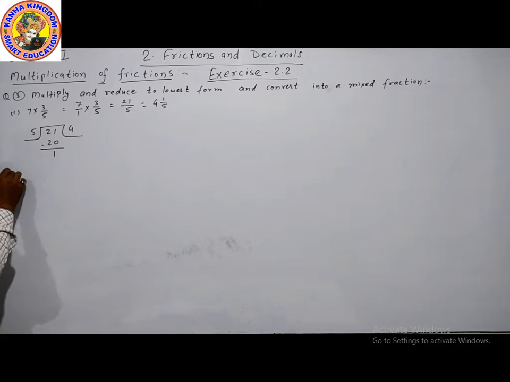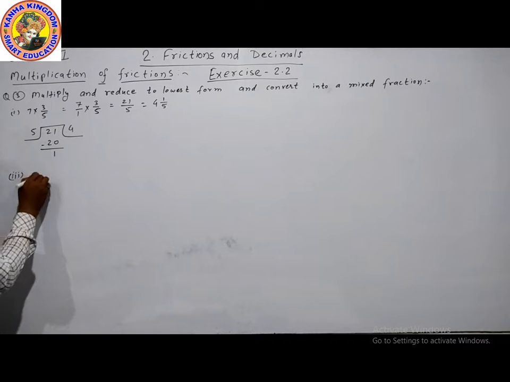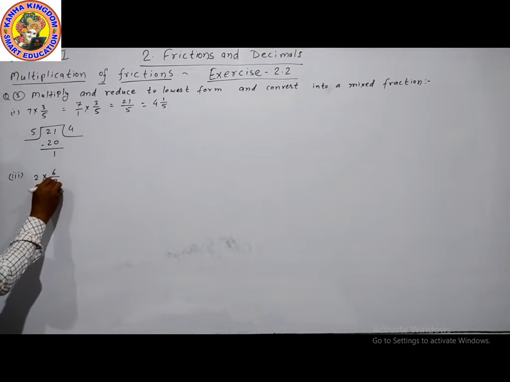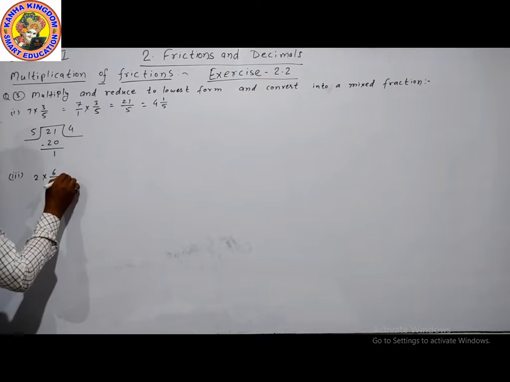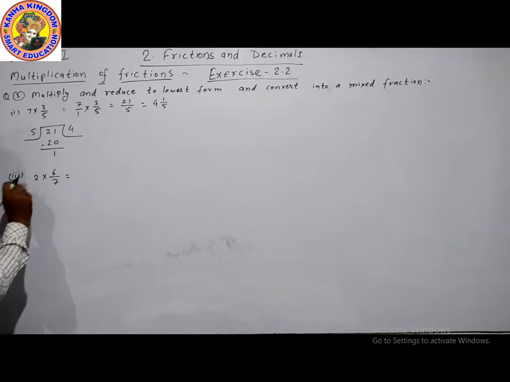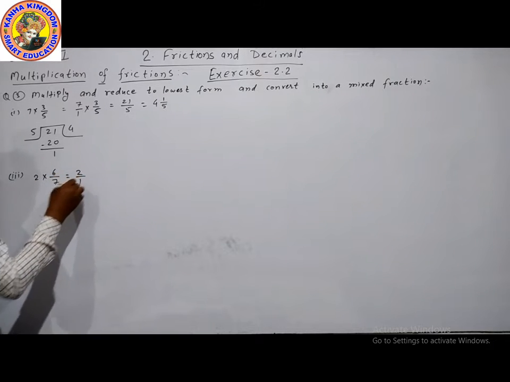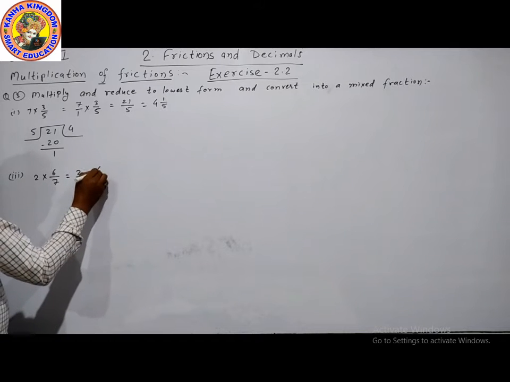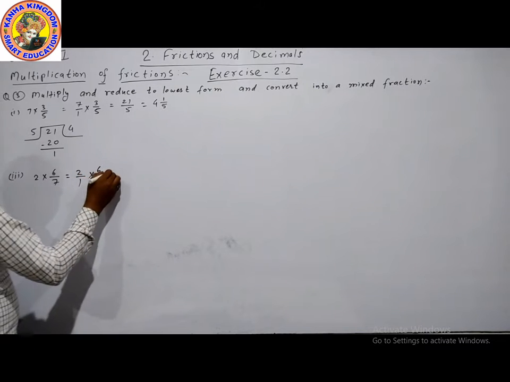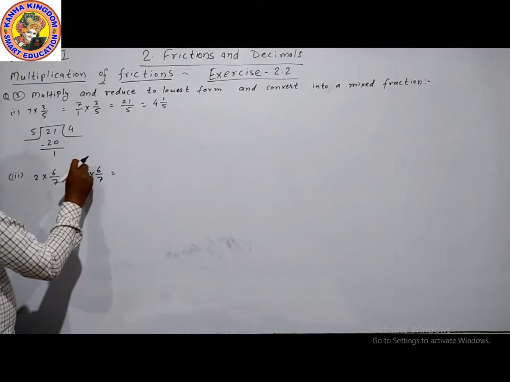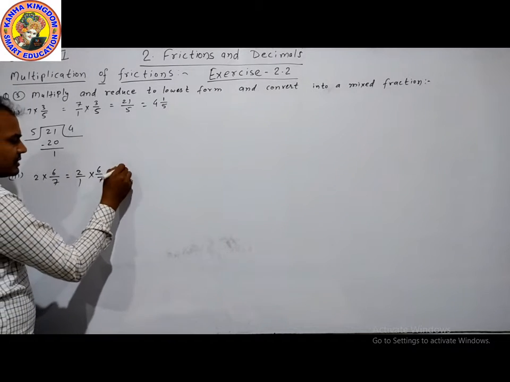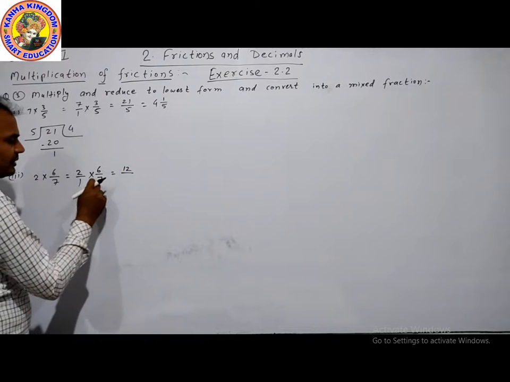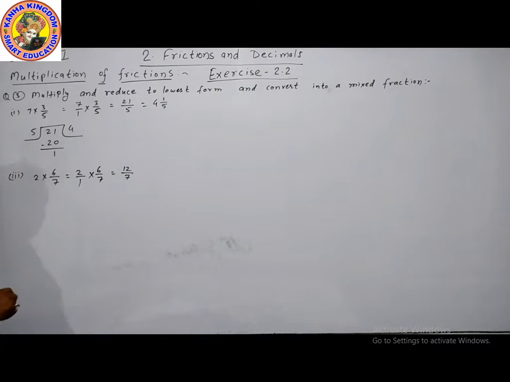We will take another example: 2 into 6 upon 7. For this we convert 2 to a fraction by dividing by 1, and 6 upon 7. Multiplication in numerator and denominator: in numerator 2 into 6 is 12, in denominator 1 into 7 is 7.